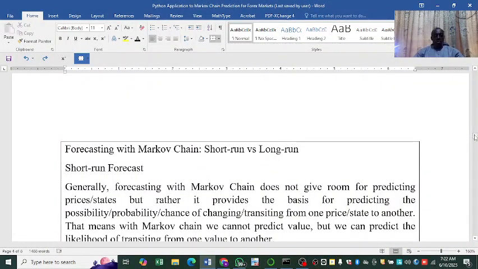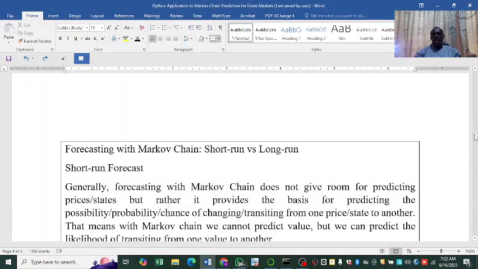But nevertheless, when we are talking about forecasting using Markov chain, we are not actually forecasting or predicting values or prices. Rather, we are predicting the possibility, the chances, the probability that a system or a market will move from one state to another, from one event to another.